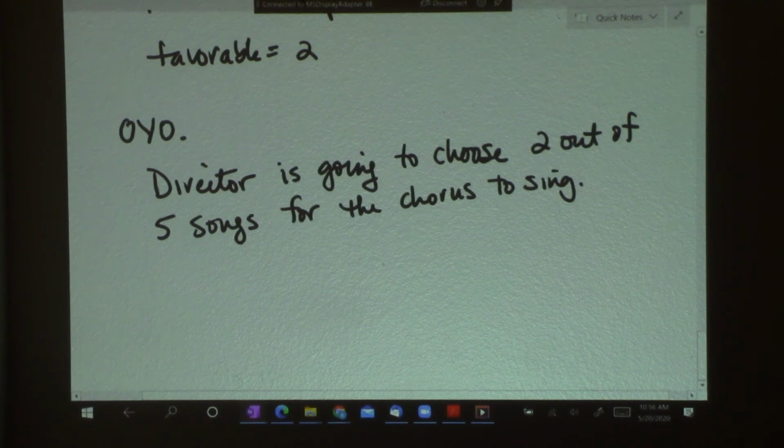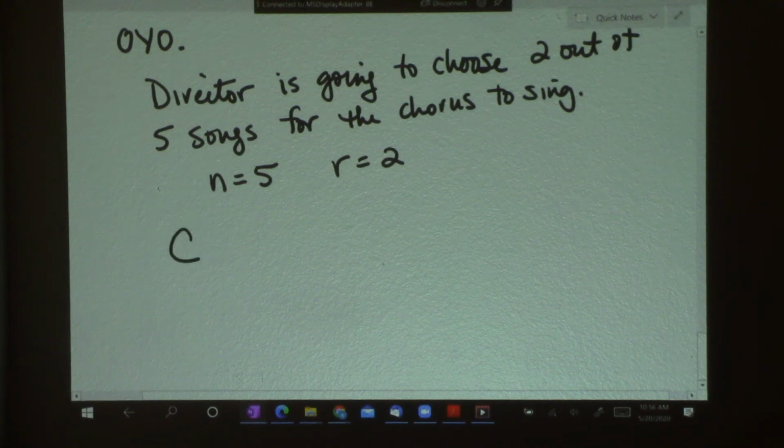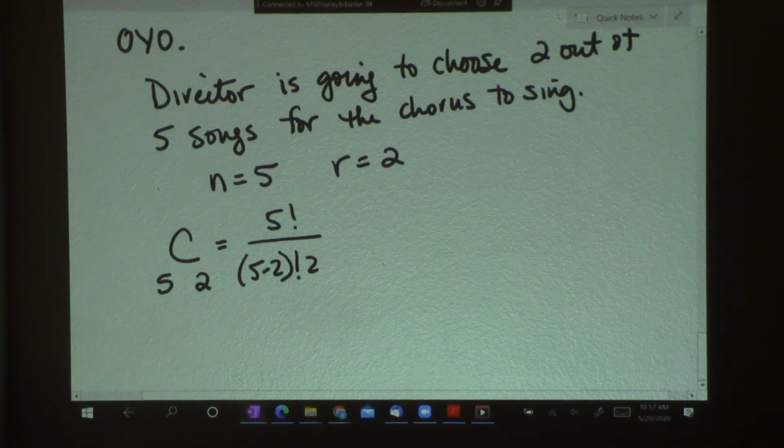Okay, let's go over this. So my N is going to be 5, and I'm picking 2 out, so that's R, right? So my combination is going to be C5 to the 2. And that works out to be 5 factorial over 5 minus 2 factorial, 2 factorial. So then that works out to be 5 times 4 times 3 factorial over 3 factorial times 2 factorial.